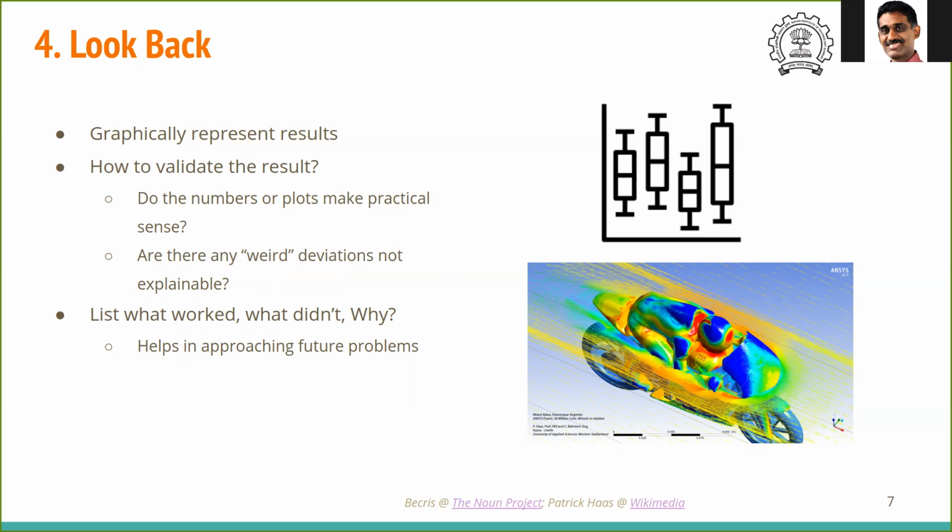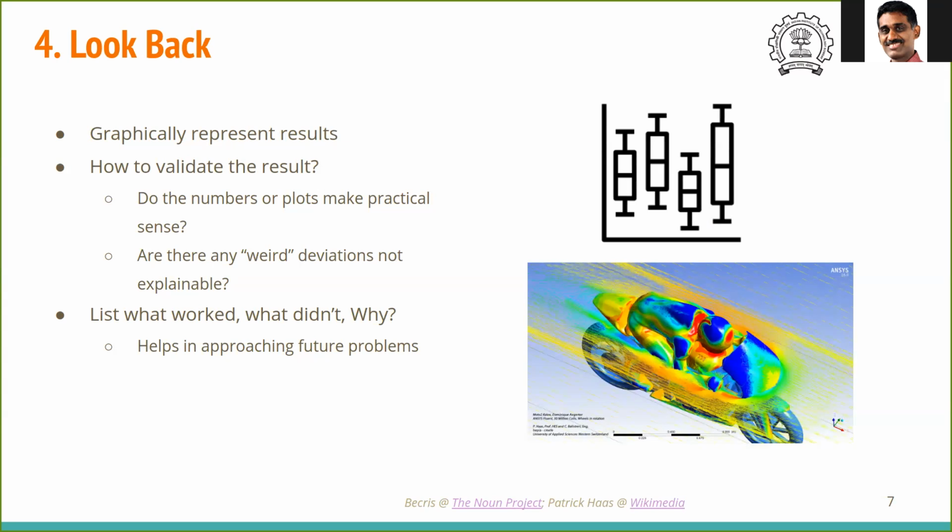Once you have the result, ask whether the number makes practical sense. Suppose you get some parameter in kilometers, whereas it has to be in meters. Obviously you've made some conversion mistake or solution mistake. So some physical intuition and a sense of numbers will be helpful here. So ask the question and find out whether they make practical sense.